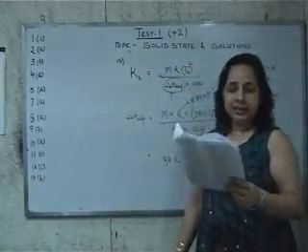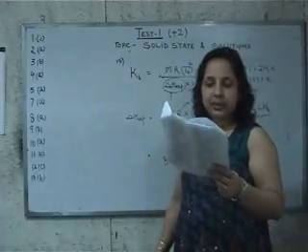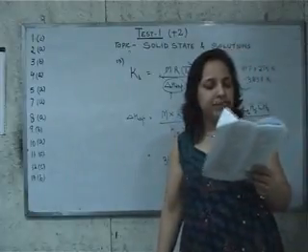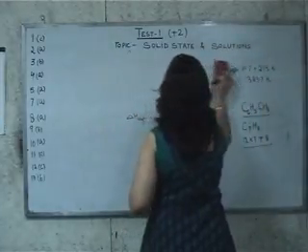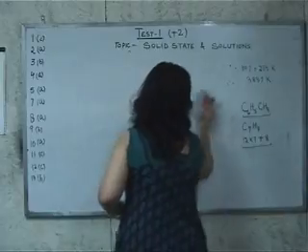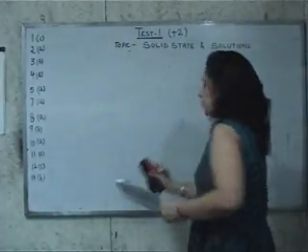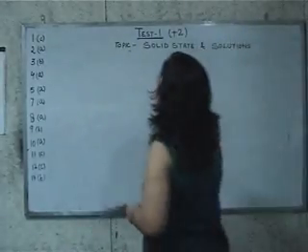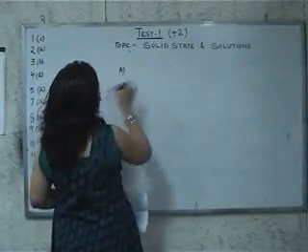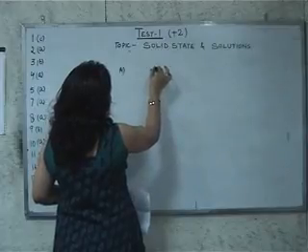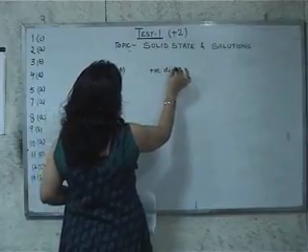Now question number 14 is about a binary liquid AB mixture showing a positive deviation from Raoult's law. When we say it is a positive deviation from Raoult's law, we are going to start.